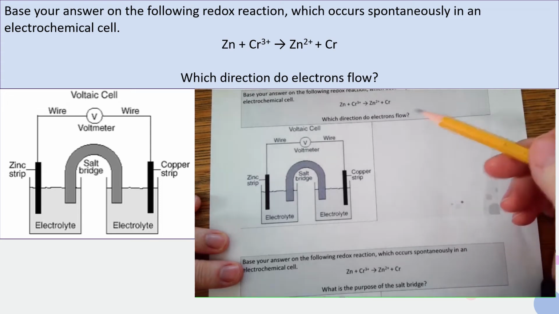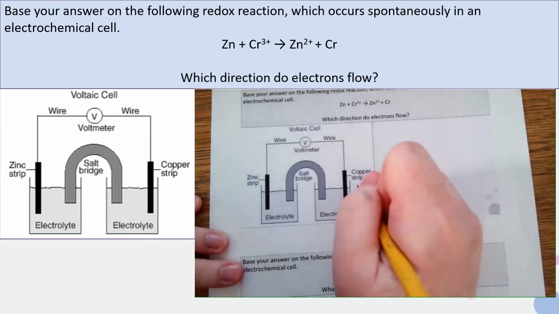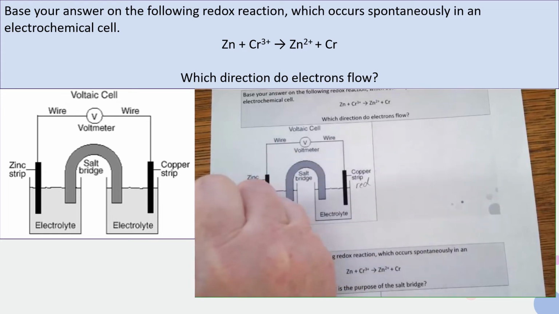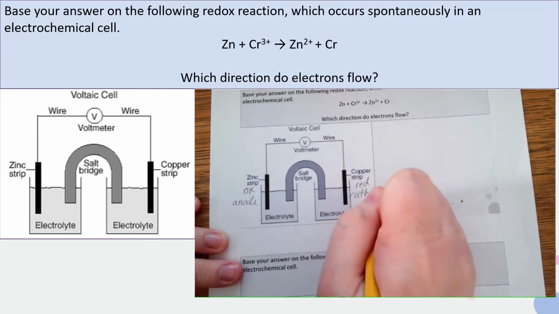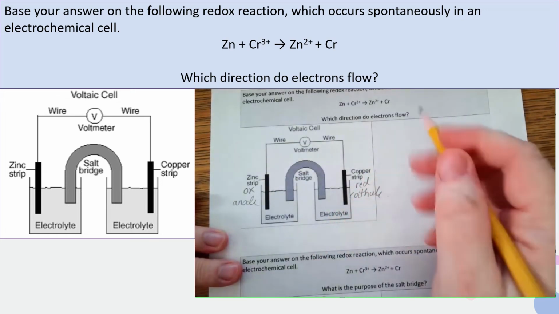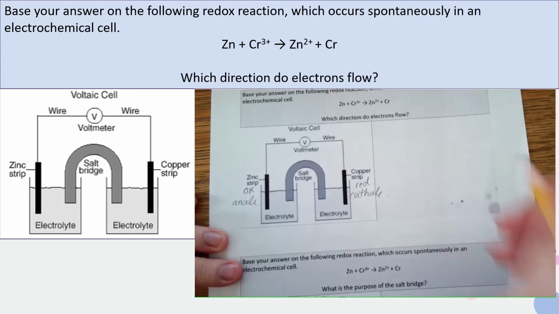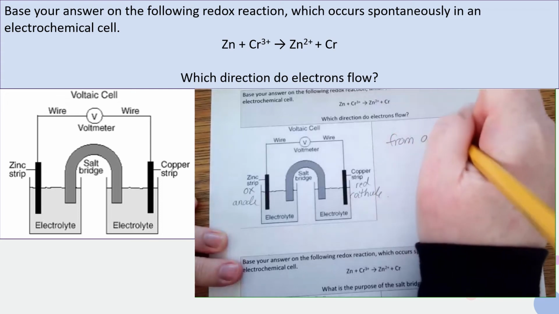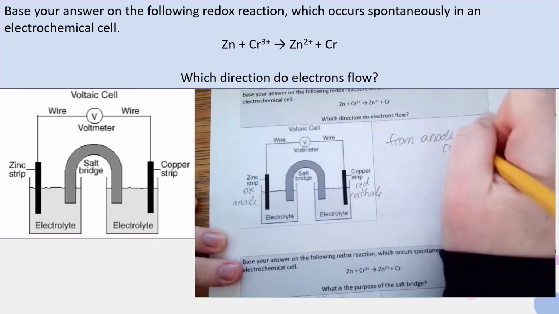Okay, which direction do electrons flow? Well, remember we said this was the reduction side, that was the oxidation side. So this was anode and this is cathode. That's all you need to know, because the rule is electrons flow from the anode to the cathode.